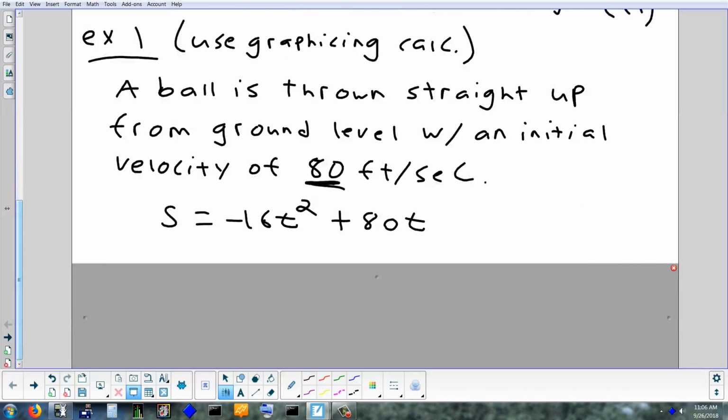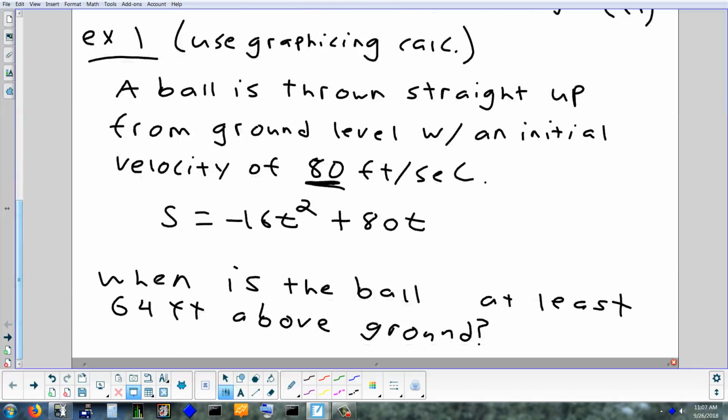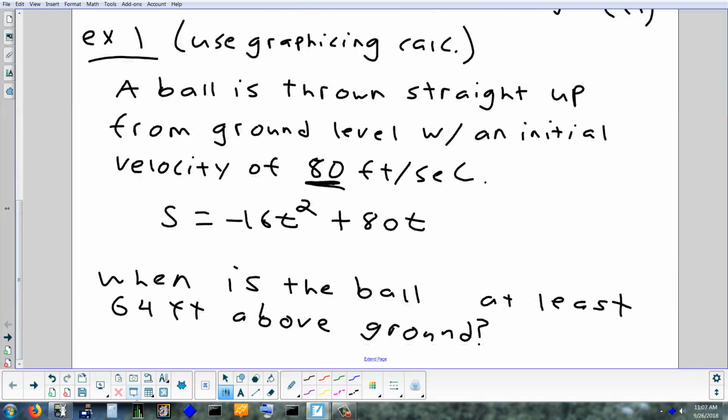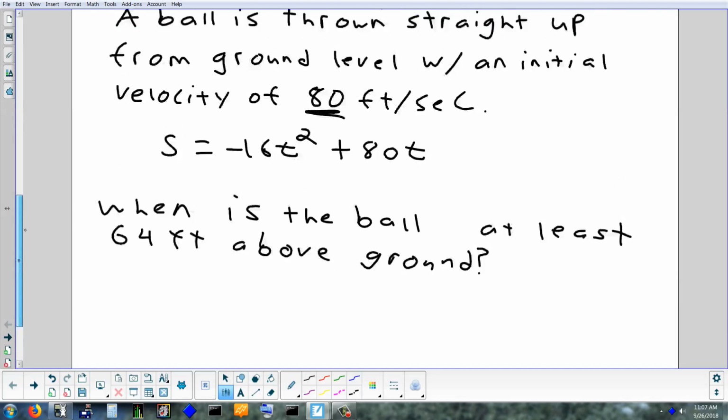In the next part, they're going to probably ask us to do something with that. When is the ball at least 64 feet above the ground? So where would the 64 get plugged in?